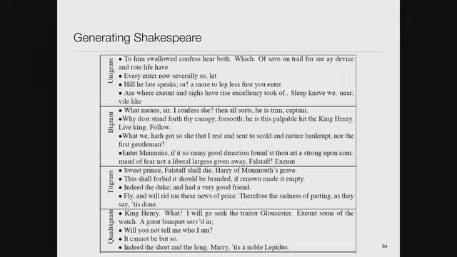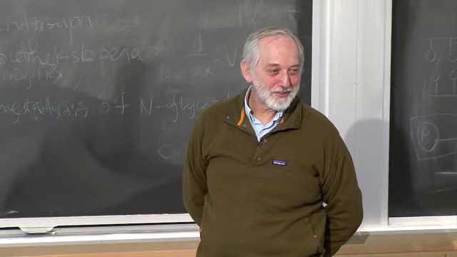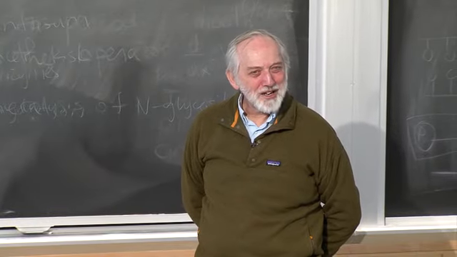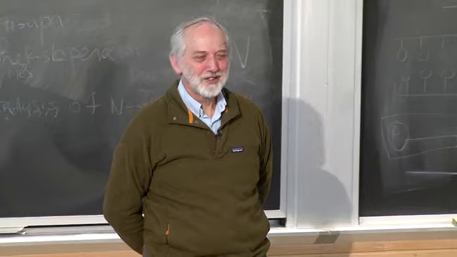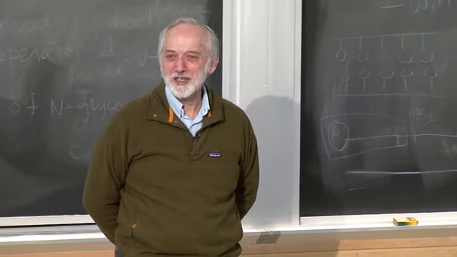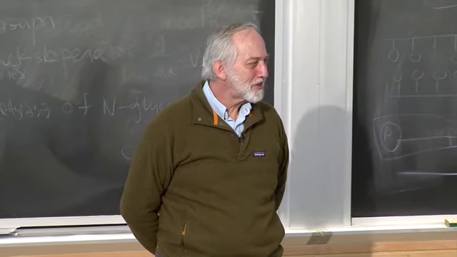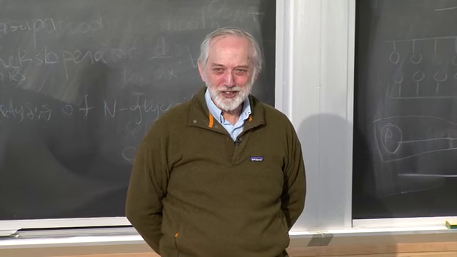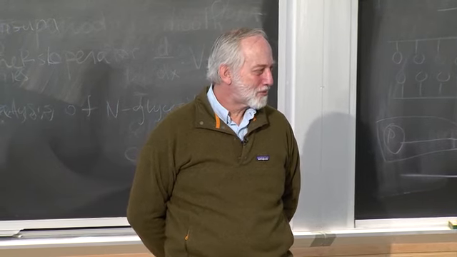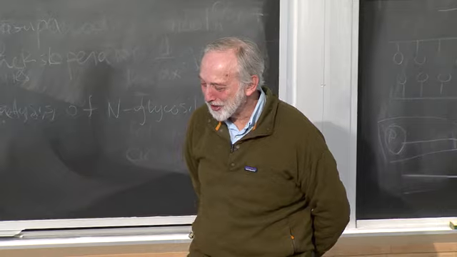And if you go to quadrigrams, you get King Henry, what? I will go seek the traitor Gloucester. Exeunt some of the watch, a great banquet served in, etc. You know, when I first saw this, like 20 years ago or something, I was stunned. This is actually generating stuff that sounds vaguely Shakespearean and vaguely English-like.